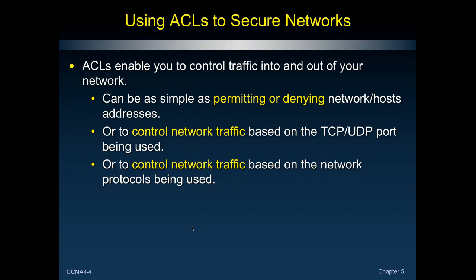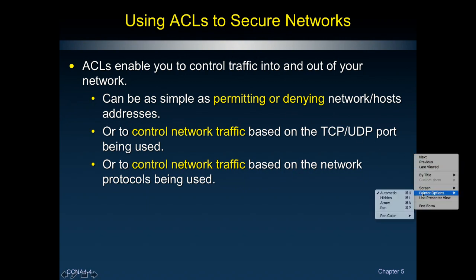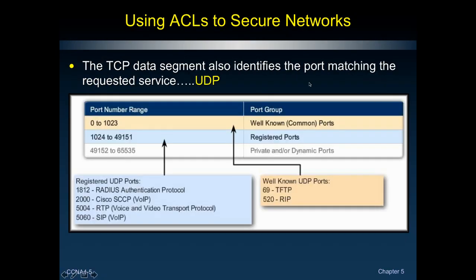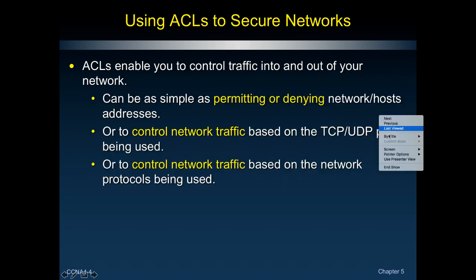So what ACL can do is it can permit or deny network address, or it can also permit or deny a host address. Sorry, I accidentally go to the next slide. So it can either permit or deny network address, or it can also permit or deny host address.